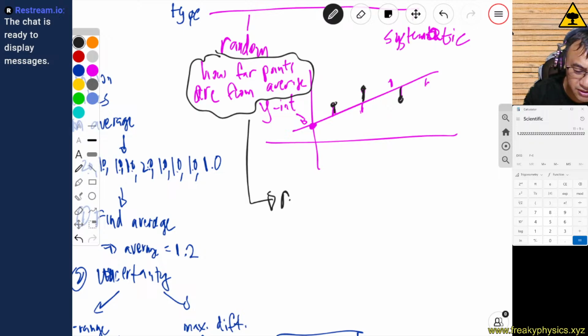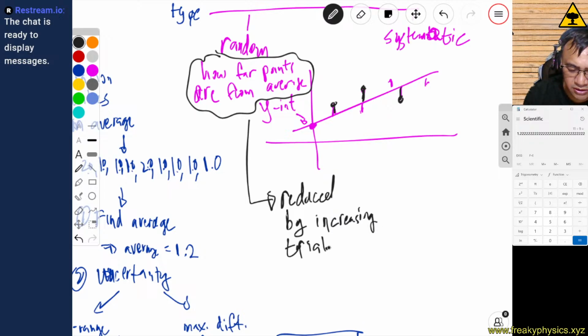How do you reduce this? It is reduced by increasing your number of trials. Because if you have a lot of trials, you're going to get closer and closer to the true average, and therefore closer and closer to the actual value.